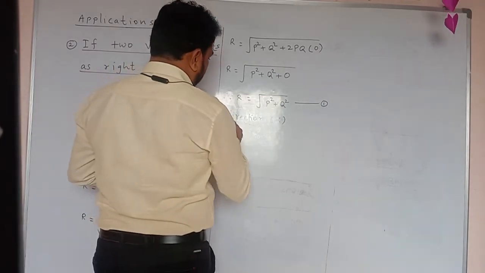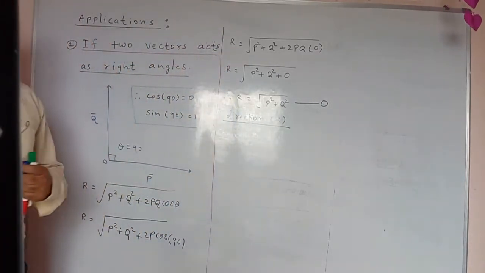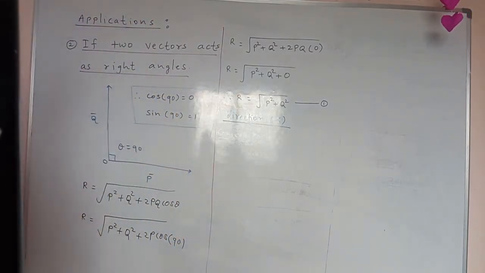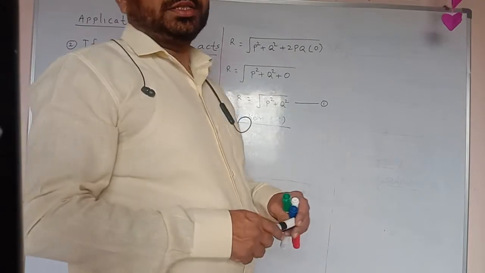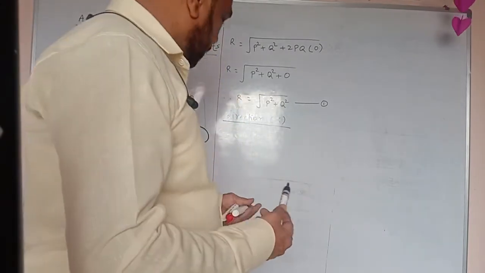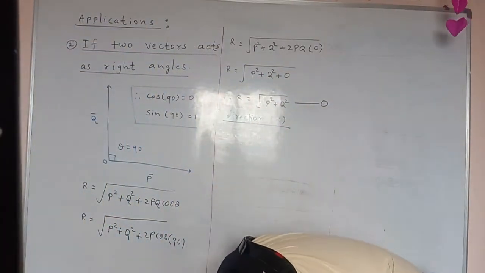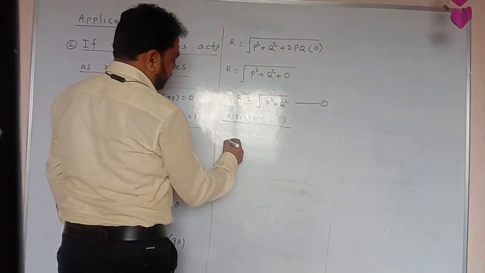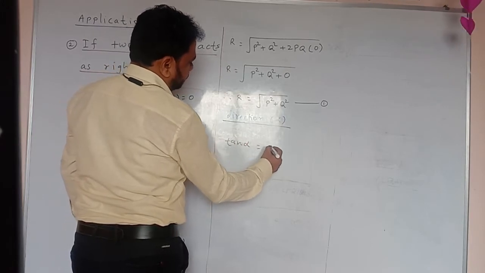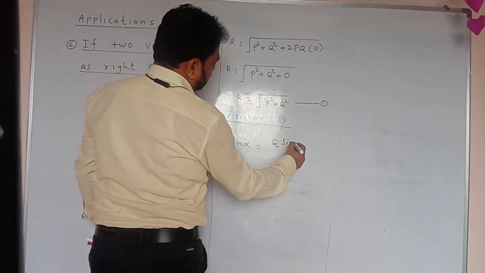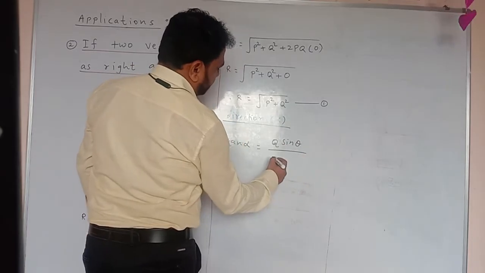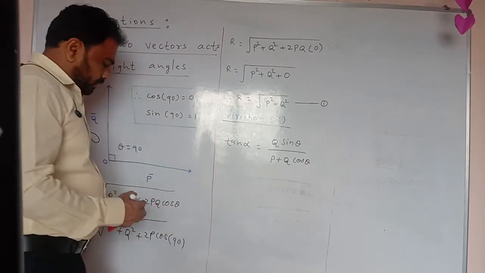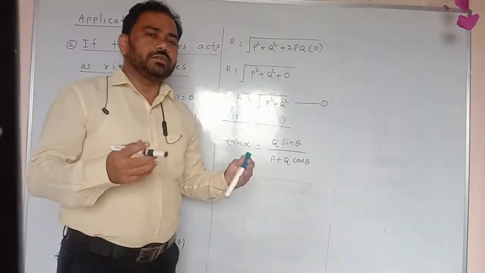There is one particular formula. What is the formula to find the direction? Tan alpha is equal to Q sin theta upon P plus Q cos theta. So with the help of this formula, we can easily find the direction.